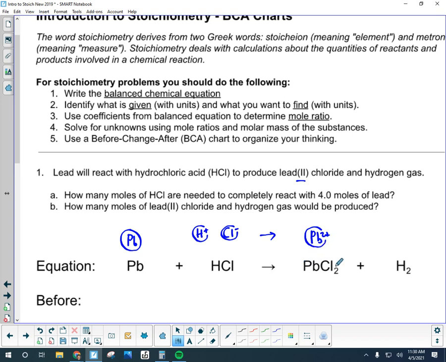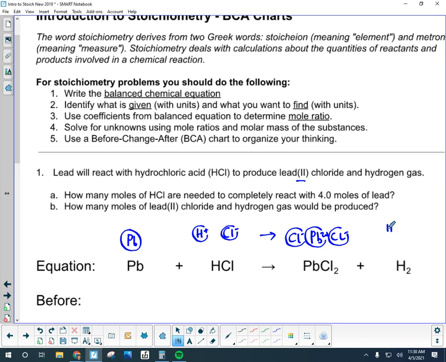And it's going to link up with 2 chloride ions. So chloride ions are always Cl-, same as they were here. And there are 2 of them in the formula unit. So I'm going to draw 2 of them here. So that's how I'm going to represent 1 unit of PbCl2.